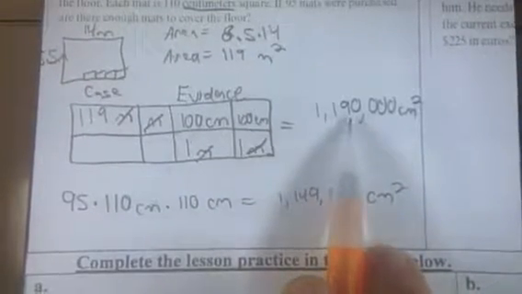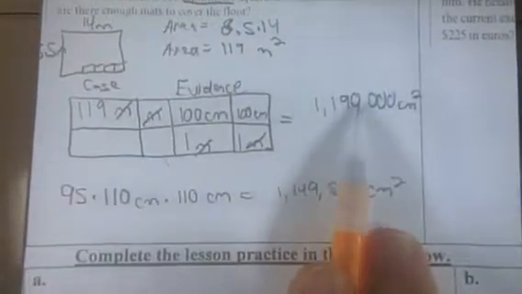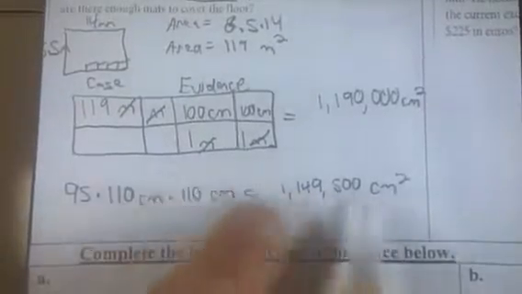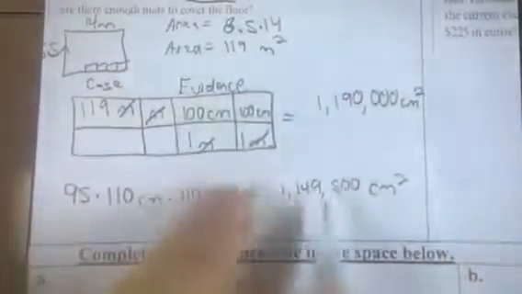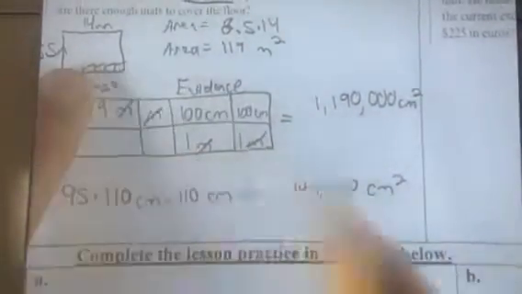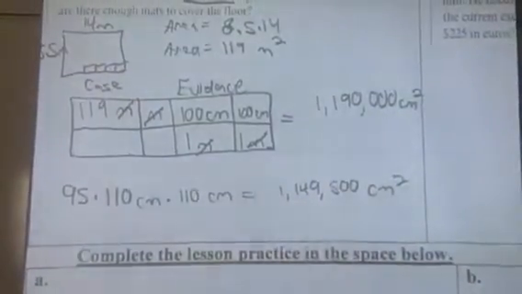So what I notice is that the area of the floor is larger than the area of the mats. The area of the floor is larger than the area of the mats. So if this whole area of the mats is smaller than the area of this floor, we know that there's not enough mats because that area is not big enough to cover this floor. So what we did is we converted here, and then we compared these two.